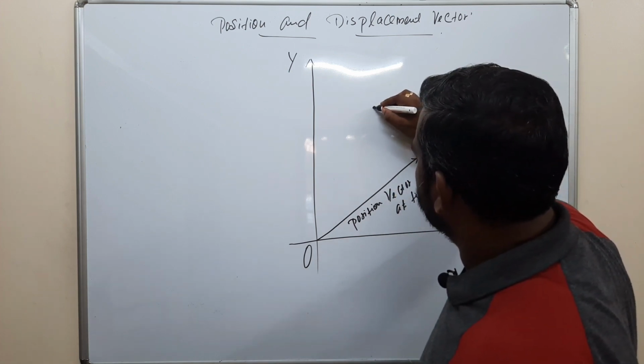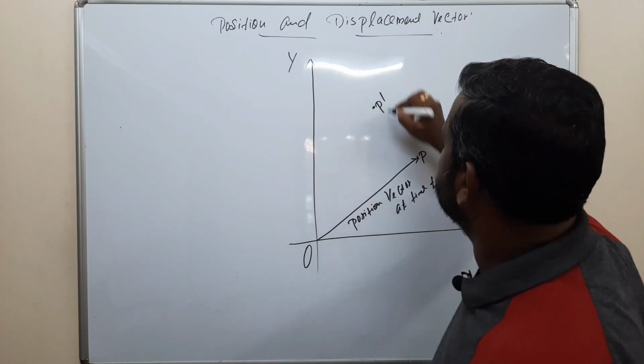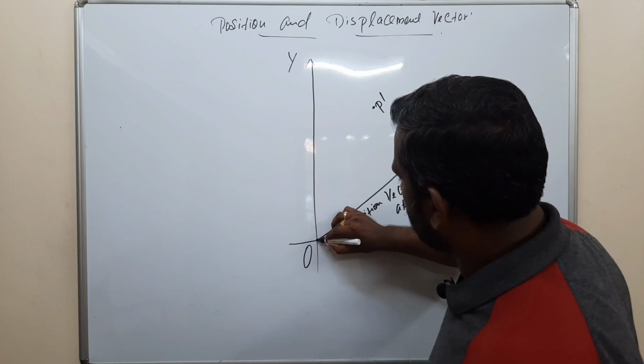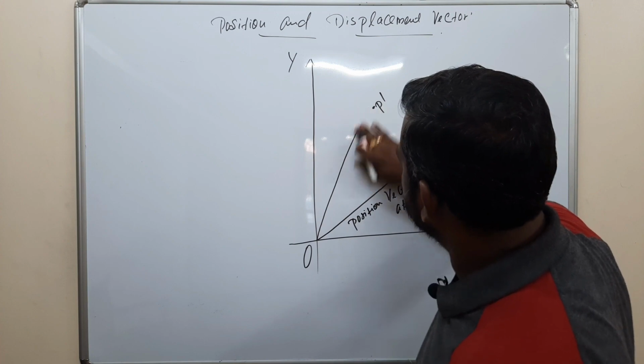Here is another position of the object, which we mention as P dash. So draw a position vector.